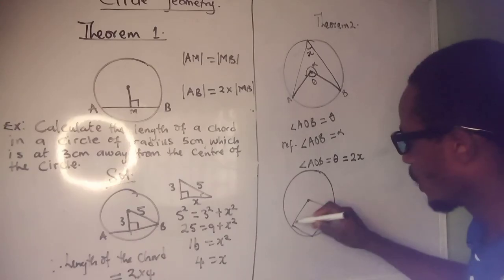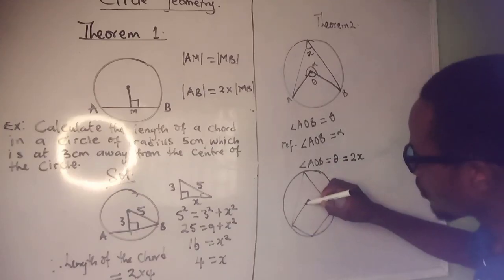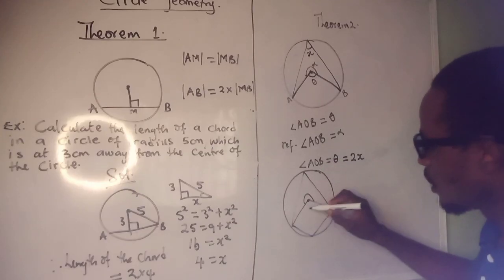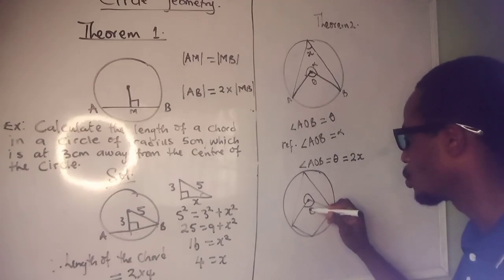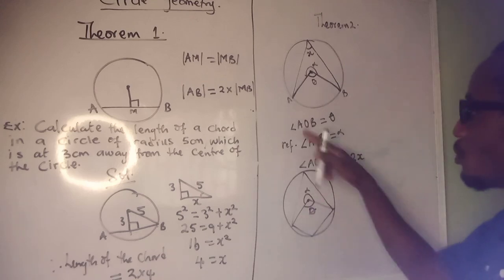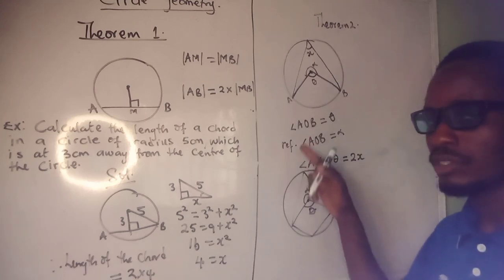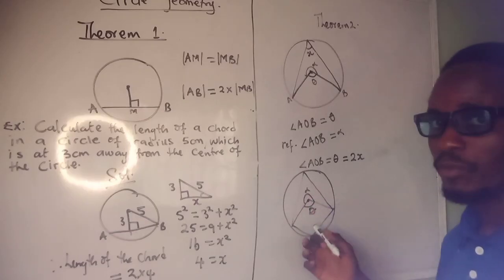Are you there? So then I also have something like this. Now I have a reflex angle here. I have the acute or obtuse. So let's give them the usual symbol, theta and alpha. So we can also make use of this kind of labeling. But let's just agree with this short way of identifying the angles.